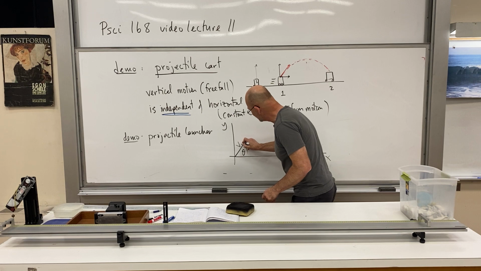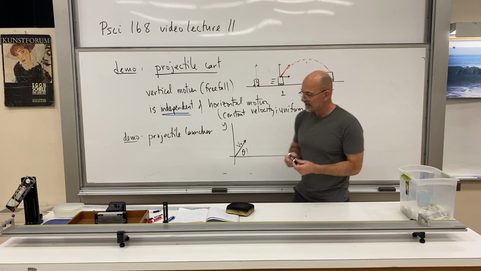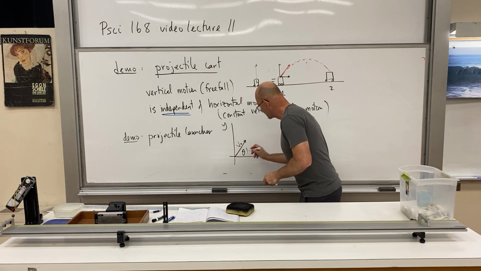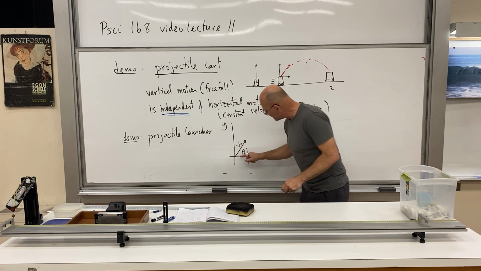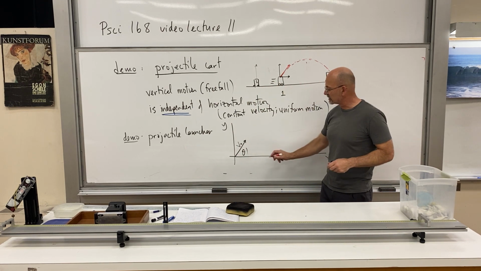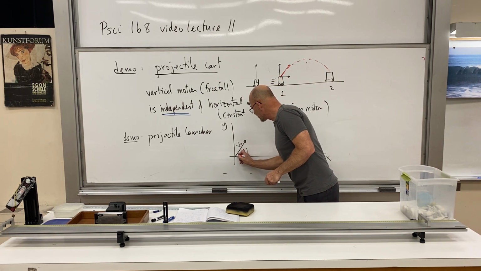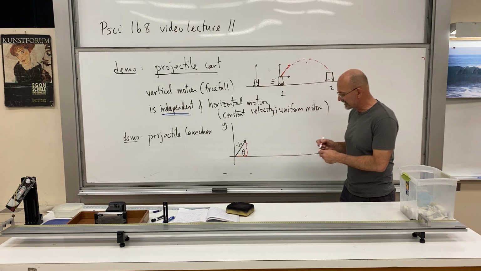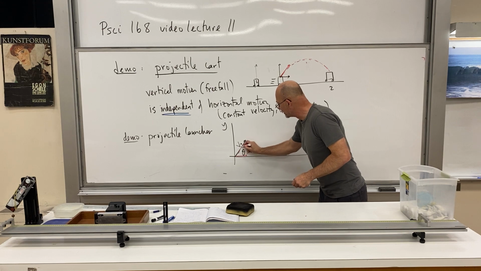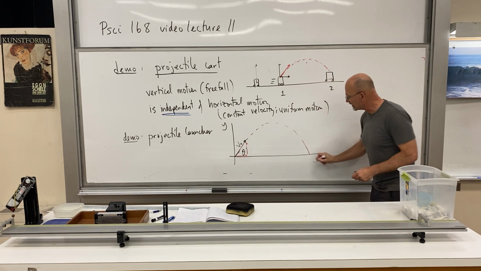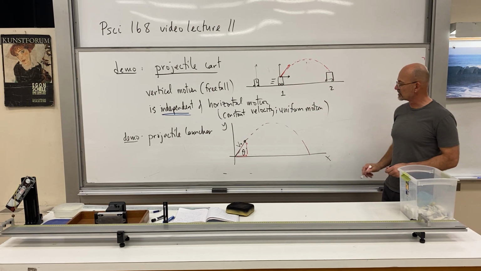We have an initial speed, but of course there is this vector here, this initial velocity vector, has a forward and a vertical component. We've just seen that, and the upshot is that we get this parabolic trajectory.